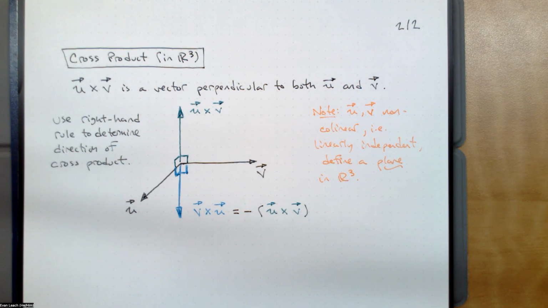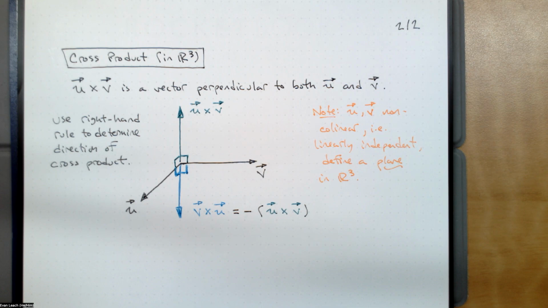So we used the right-hand rule to determine the direction of the cross product. Here's why we might be interested in this. In three-dimensional space, I can define a plane using two vectors that are in the plane.